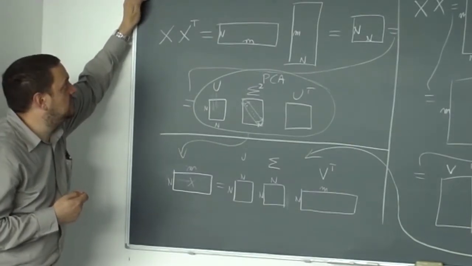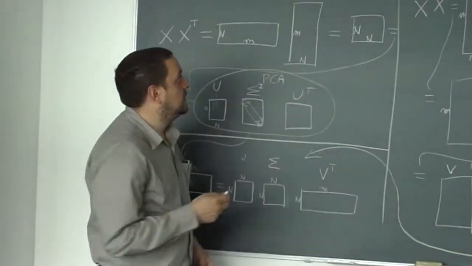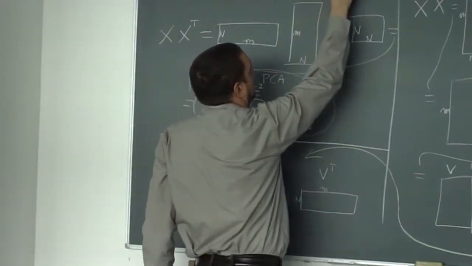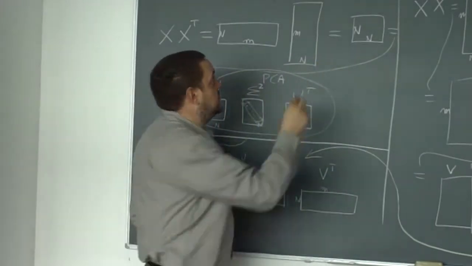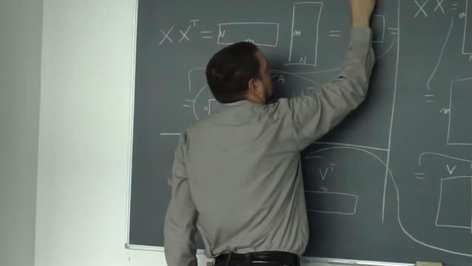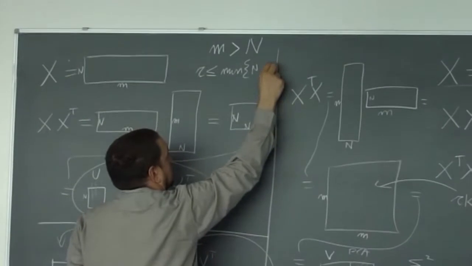The only thing that we know about rank is that the rank is at most as large as the smallest between the number of rows and the number of columns.